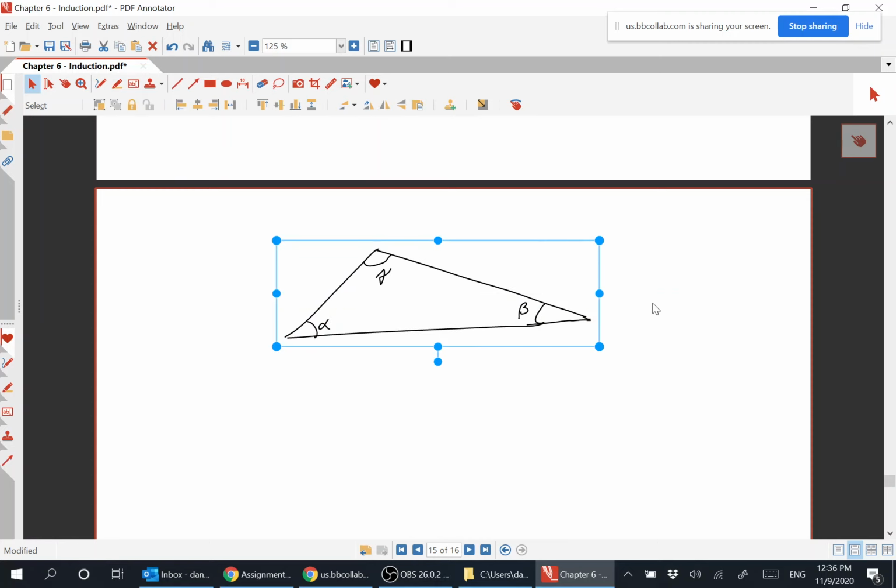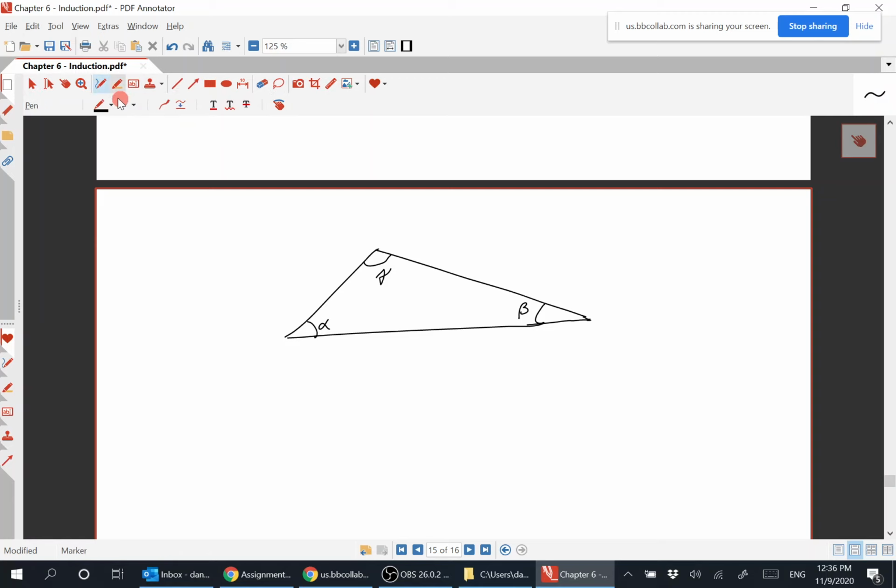I don't know if I can isolate one side. Okay, so we extend one side of that triangle, whichever side you want, into this long line here.